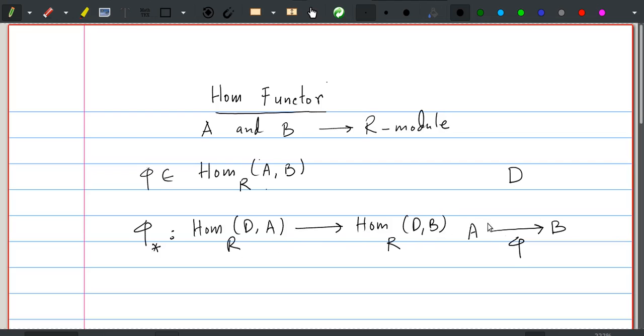Suppose we have a map F. Now suppose F is in this set, because F is a module homomorphism from D to A.